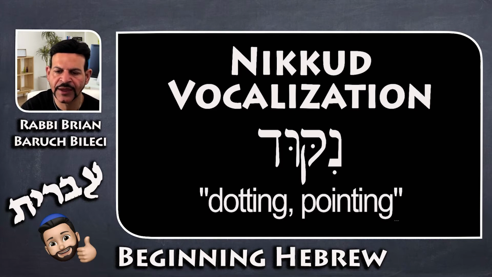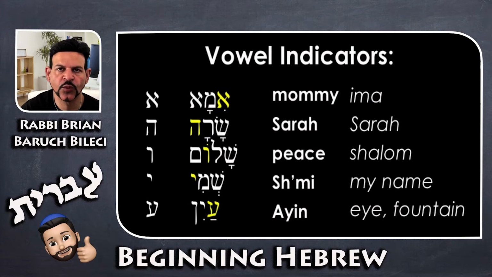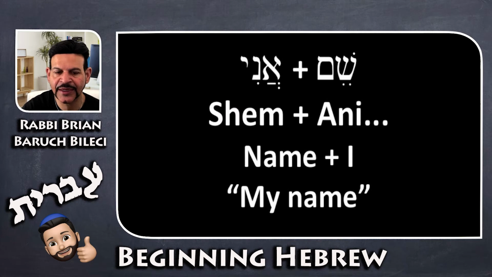So we see that the 5 letters that we said would be used for vowel indicators would be the Aleph, as you see in Ima, mommy, or the He you see at the end of Sarah, and the Vav you see in the middle of Shalom, which is translated most of the time peace, and Shmi, which is a contraction, my name, Shem, and Ani, which is then contracted to Shmi, my name. So Ani is I, and Shem is name.